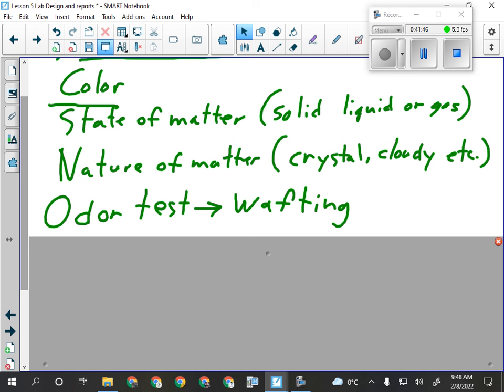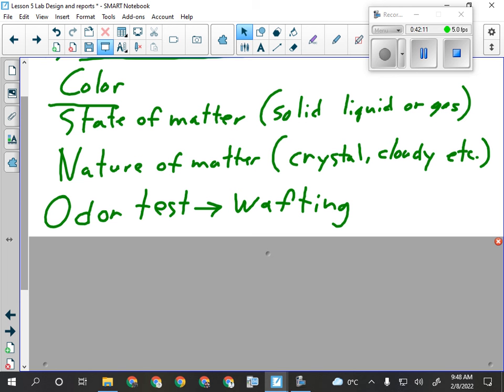Do your observable properties test, with the exception of the odor test. Why do you not want to do the odor test with all 6 of these full? Well, the other problem is, how do you know which one it is? They're all right beside each other. You're doing this, who knows which one you're smelling? So the smell test is going to have to be done on the main samples at the front of the room.